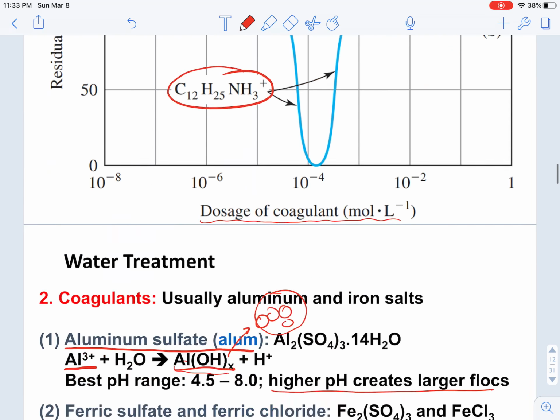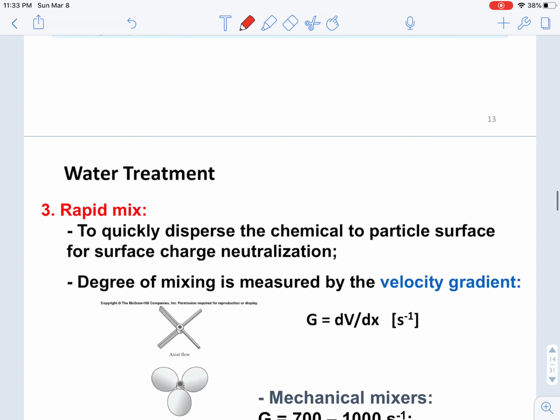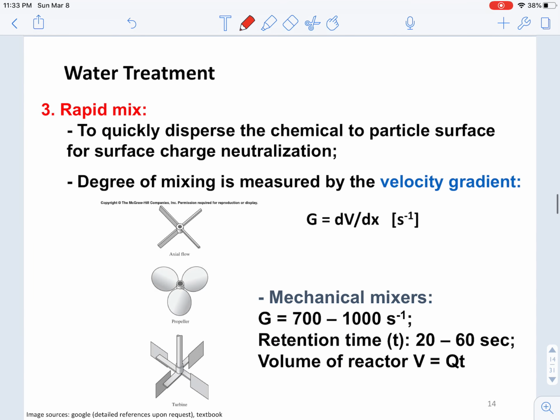Because of that, we're going to use rapid mixing when the coagulants are introduced into the water. The rapid mix will quickly disperse the chemicals to the particle surface for surface charge neutralization, right? We're going to use a lot of these propellers or turbines to achieve this rapid mixing of the coagulant and the colloids in there.